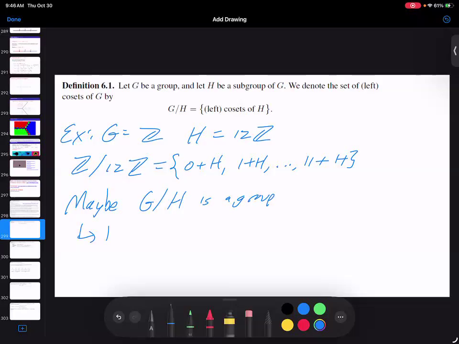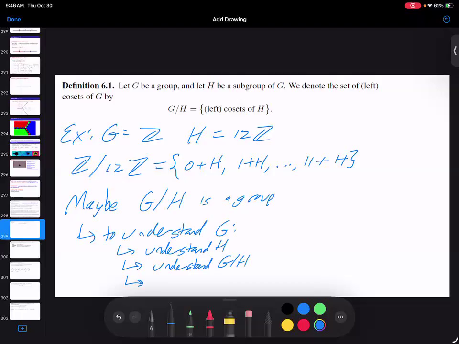Then to understand G: 1, understand H; 2, understand G/H; and 3, understand putting them together. This is a major theme in mathematics: break into simpler pieces.